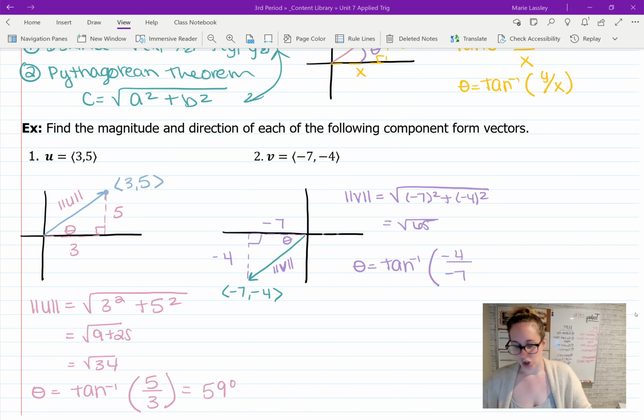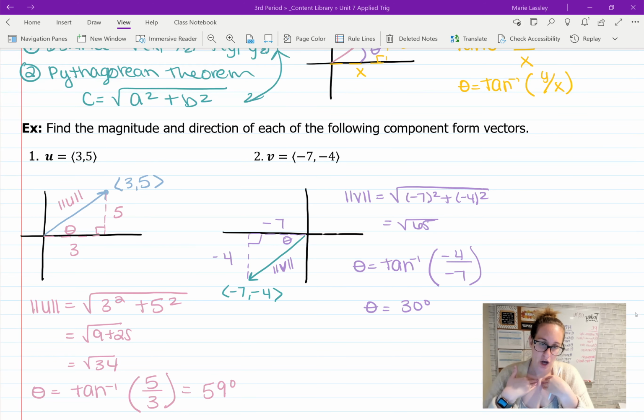Enter. 29.7, so 30 degrees. Now, you know as well as I know that this angle in the third quadrant is not 30 degrees. The vector is not traveling 30 degrees. 30 degrees is in the first quadrant. What it's giving us is this measure right here.